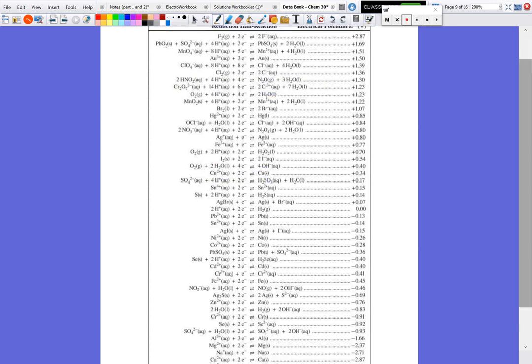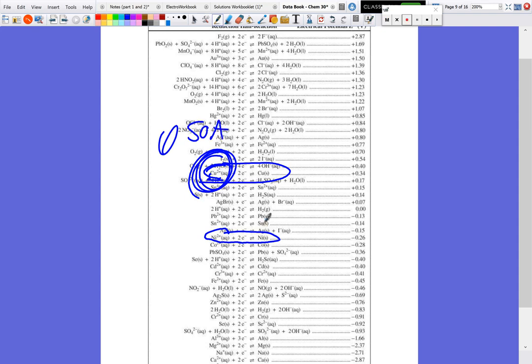And this is all I'm going to help you with, and ask you guys to solve this on your own. So we have nickel 2 plus and nickel solid right here. We got copper 2 plus and copper solid up here. Sorry, my screen just froze, I think. Oh, here we go. So obviously the copper 2 plus is the strongest oxidizing agent, nickel solid is the strongest reducing agent.